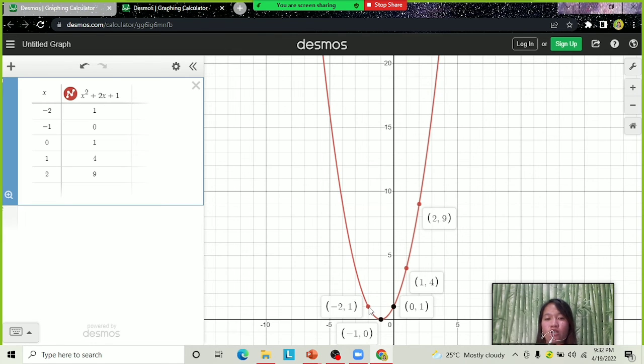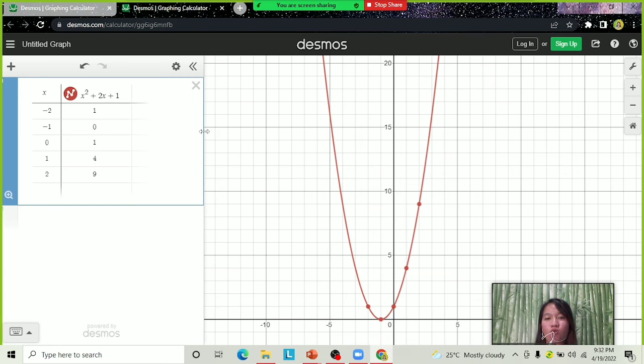And those are our points. It depends on us what numbers to use. We can say from -5 down to +5. We can do that, just by simply inputting the values of x.